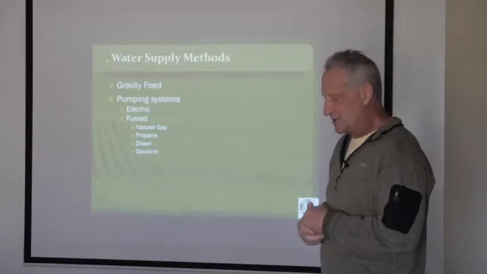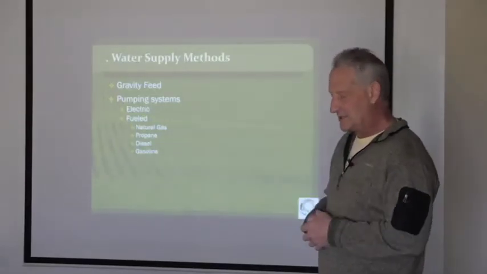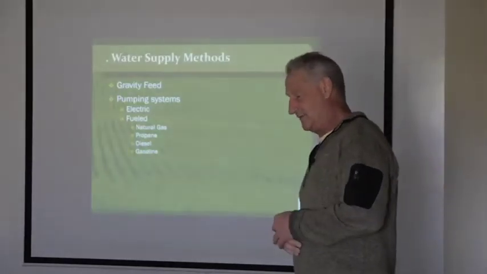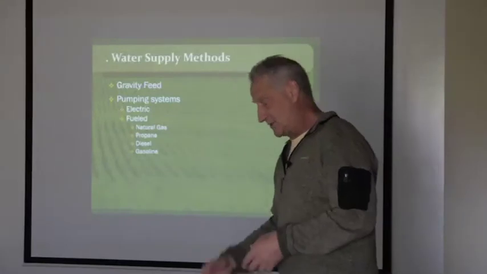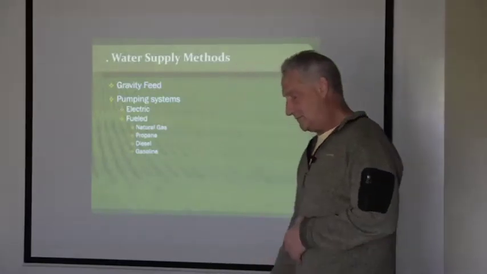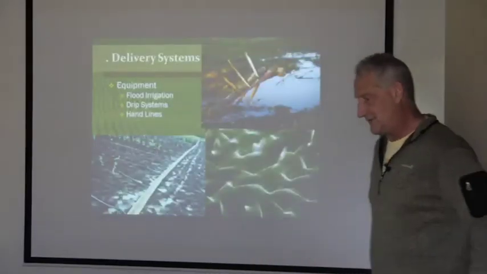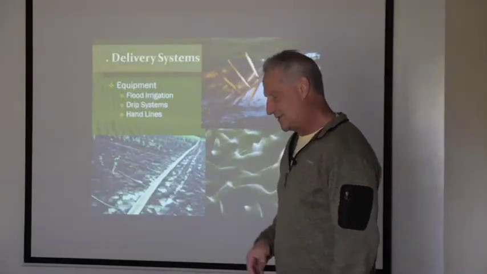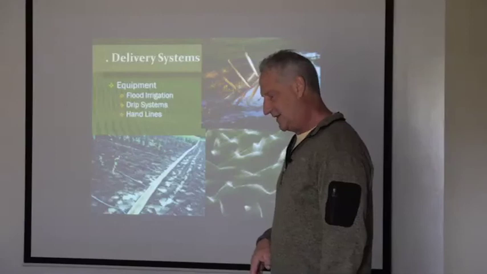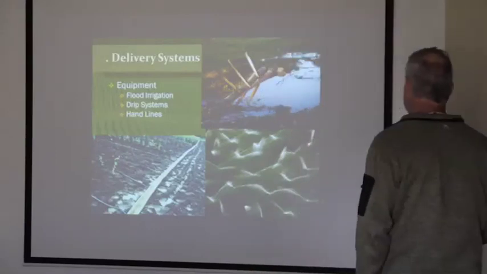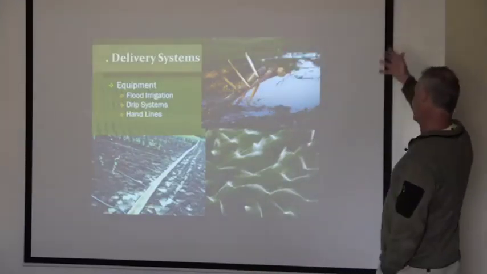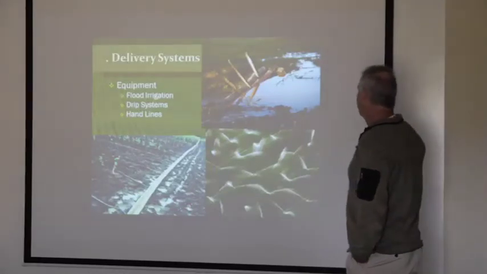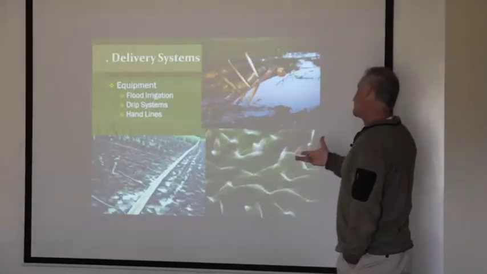Pumping systems, of course, most common is electric powered, but we do have fueled pumping systems, and we'll go into this stuff ad nauseam. Delivery systems. We've been talking about flood irrigation, and this is a very nice picture of a canvas dam that is feeding a flood area, and then drip systems.